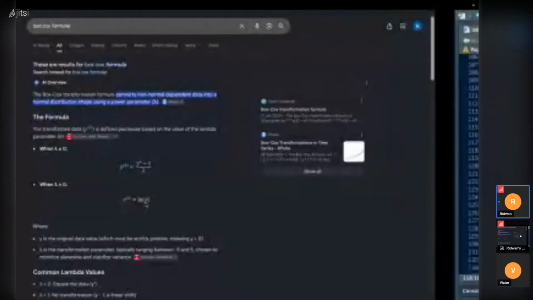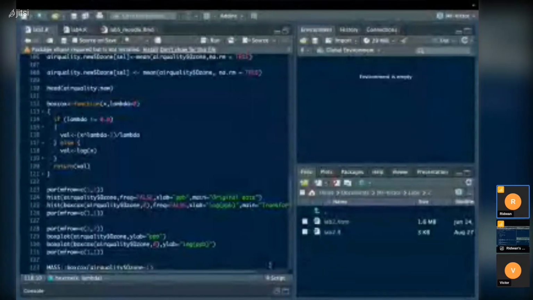When lambda is equal to 0, you say what? Log of y. Here they use ln y. Ln y and log are the same thing. Natural log is also the same as ln. So you can see here they got log x. So if your lambda is not equal to 0, then you calculate your new variable like this. But if it is equal to 0, then this is how you calculate it. Then you return the new variable. I don't know if you get it.